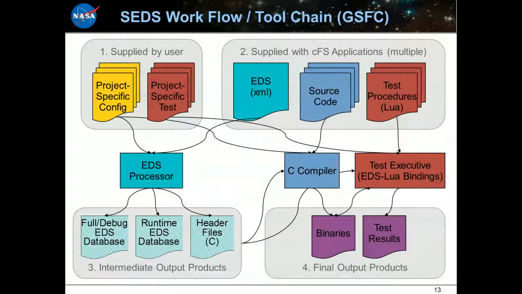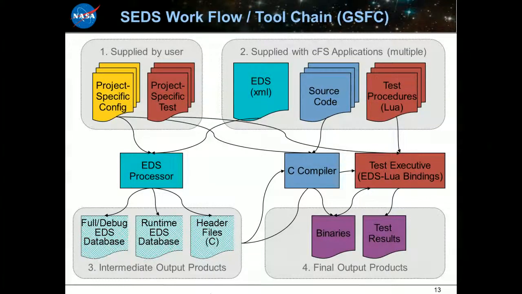This is something we did for a balloon mission called GAPS, which ended up being canceled for reasons outside of this. But this workflow was established for that, just as an example of the kinds of things you can do. So a project-specific configuration, a CCDT tool or something like that, can generate that.